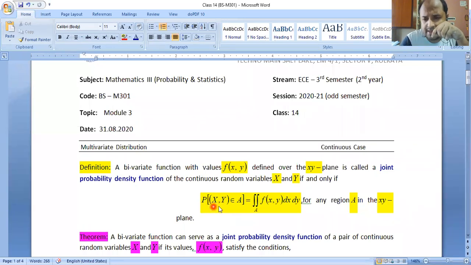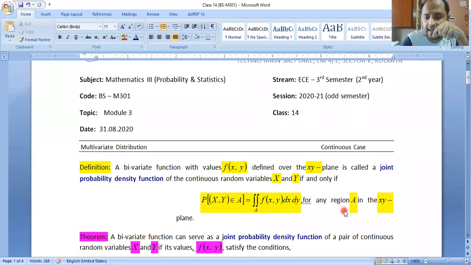It says probability, and under this bracket is the ordered pair capital X and capital Y, not small x and small y, belonging to some set capital A. That probability will be calculated using double integration over the set capital A of the function f of x comma y with respect to x and with respect to y. That is what we denote by probability of capital X comma Y belonging to A.